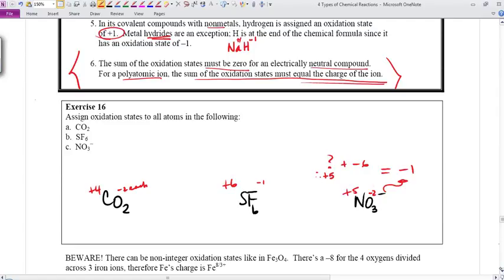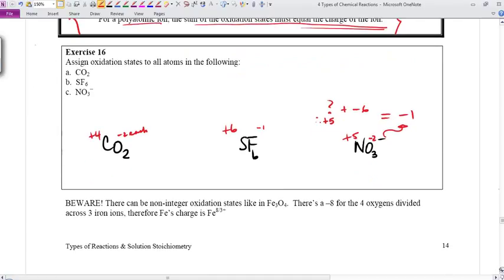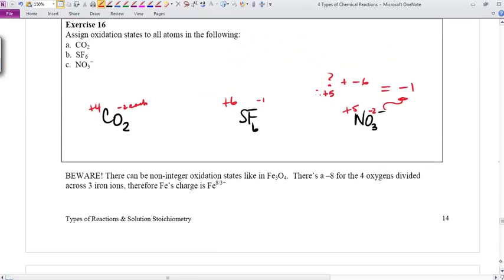Now do beware that on occasion something in a book or on the internet or in a text could be a typo, but sometimes they'll just make you scratch your head when they're not a typo. Beware that there can be non-integer oxidation states. So if I look at Fe3O4, we have a rule that says that oxygen is going to be a -2.